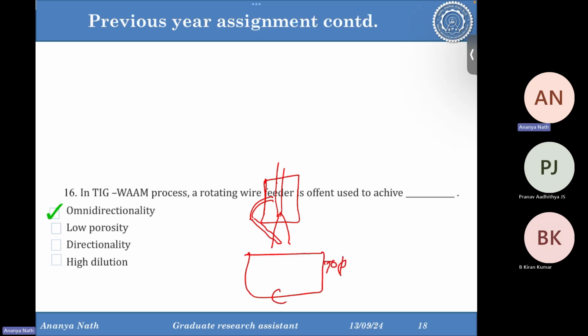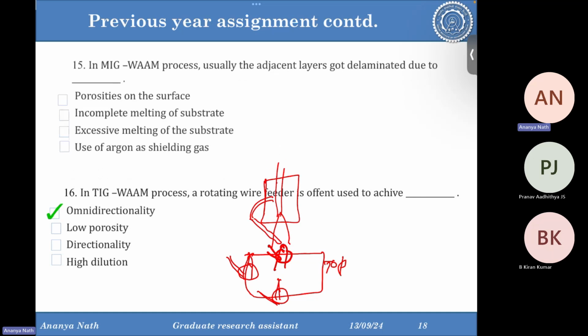When you are depositing here, the wire is coming in front of the arc. When you are printing here, the wire is coming behind the arc. When you are printing here, the wire is coming to the side of the arc. So there is a lot of disturbance in the process. That is why it is called omnidirectional. So a rotating wire feeder is used.